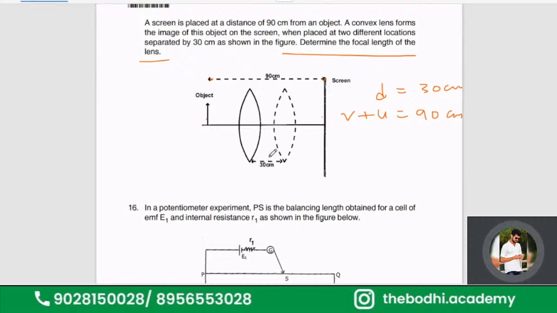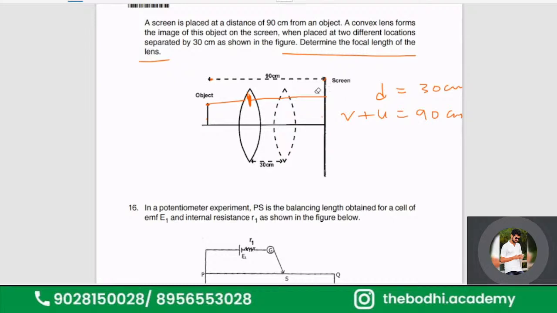And this is 30 centimeters, meaning from here to here is my v. The screen, and the object from here to here.